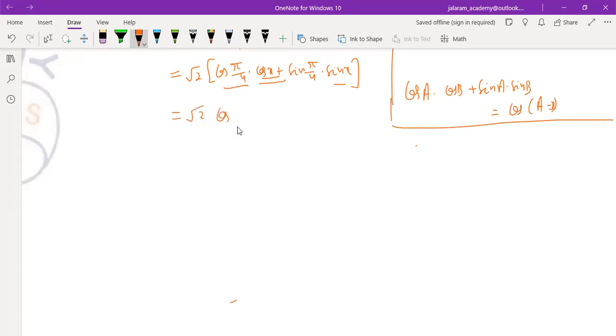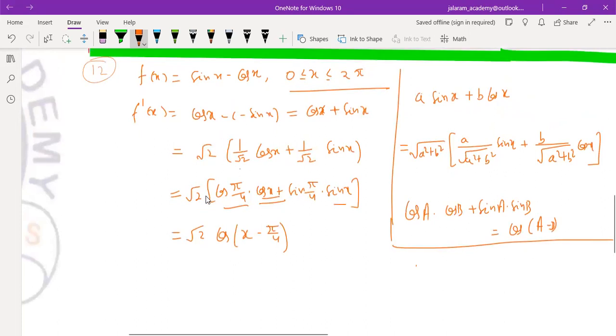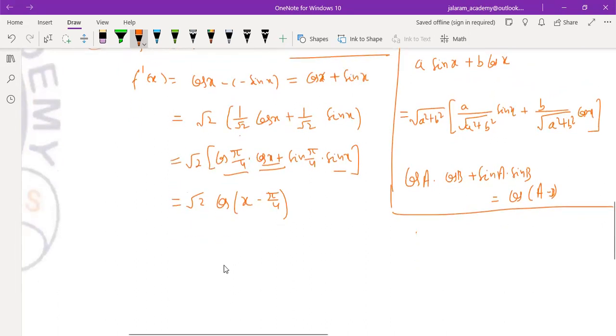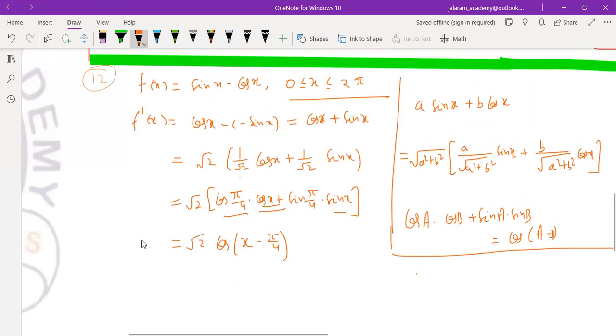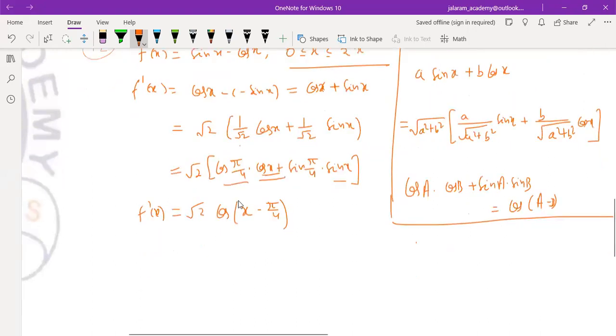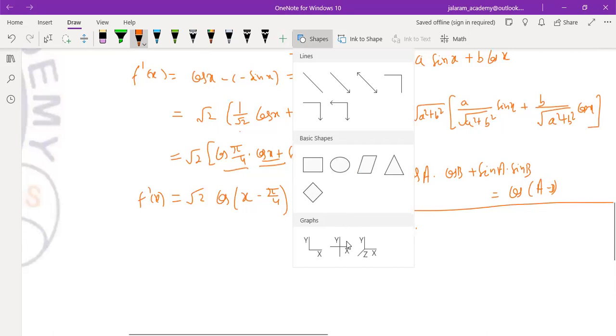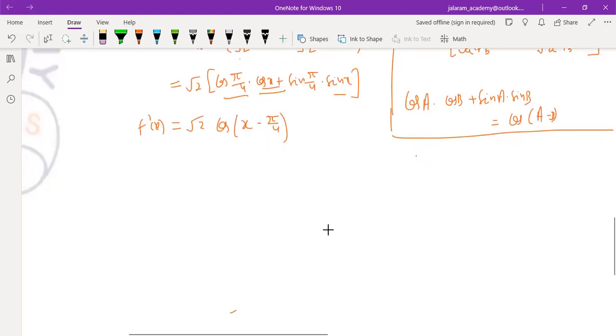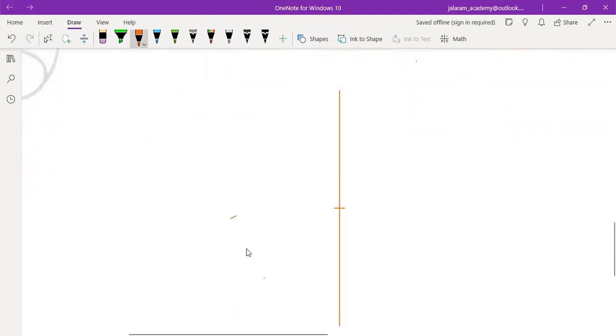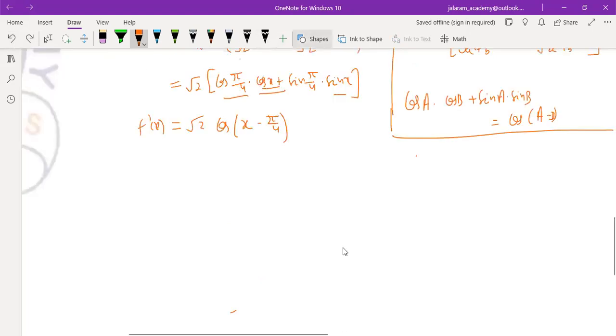So it is root 2 cos(x minus pi by 4). Now, if you draw the graph of this function, only cos(x minus pi by 4) is sufficient. Root 2 is already positive, this is the coefficient only.